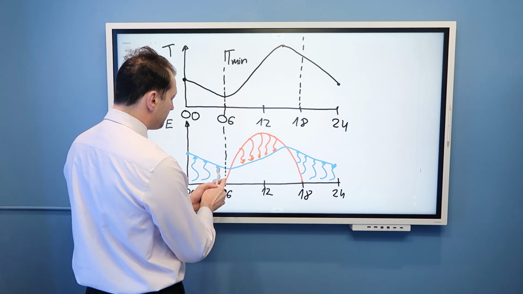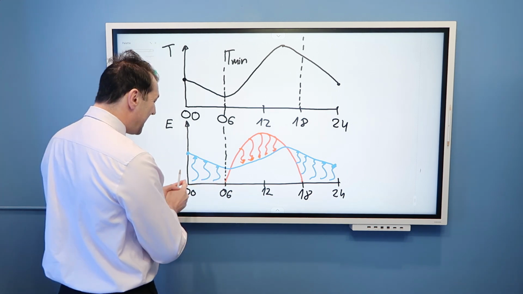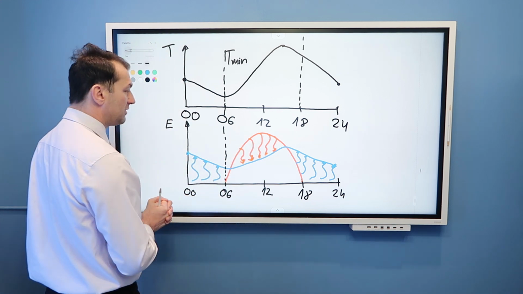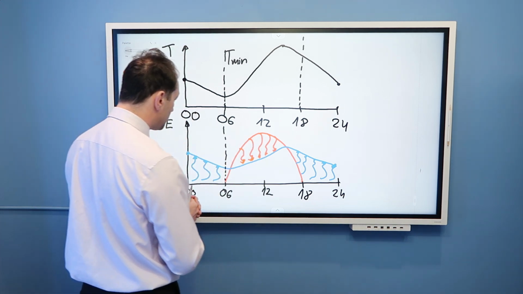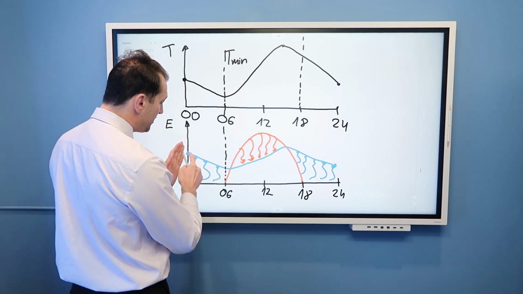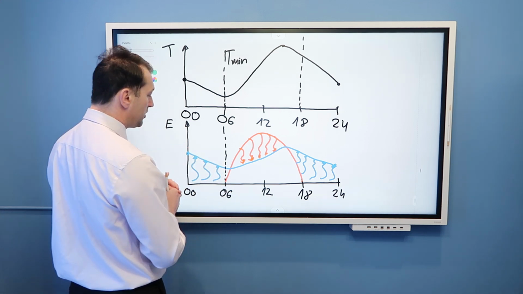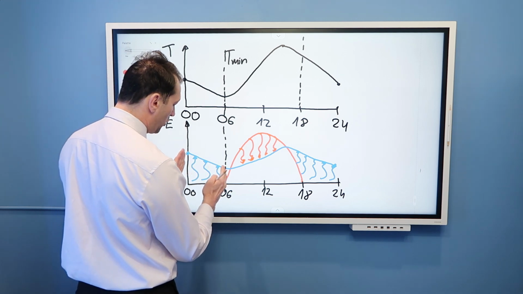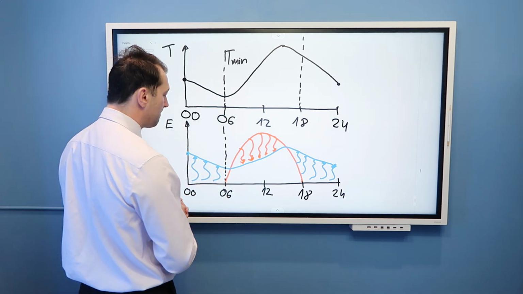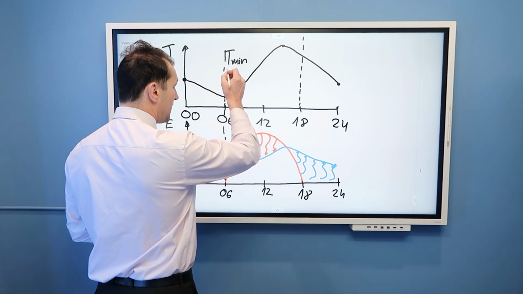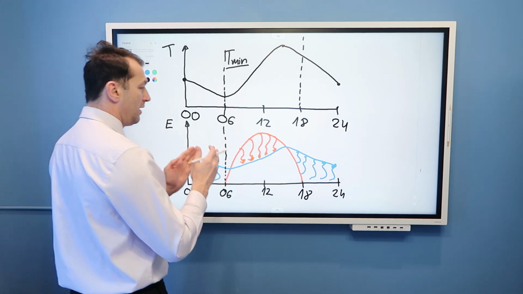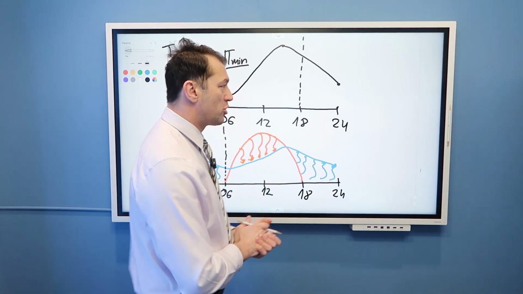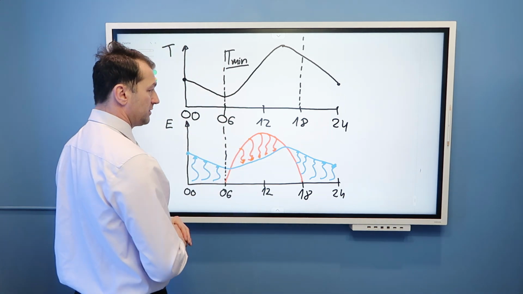Because the sun is still not shining, so there is no gain of heat through absorption of solar radiation, but yet the energy is lost through this long wave radiation, and the maximum loss accumulated over whole night happens just before sunrise. And that results in minimum temperature at around 5-6 a.m. in the morning. That's when the night is coldest.